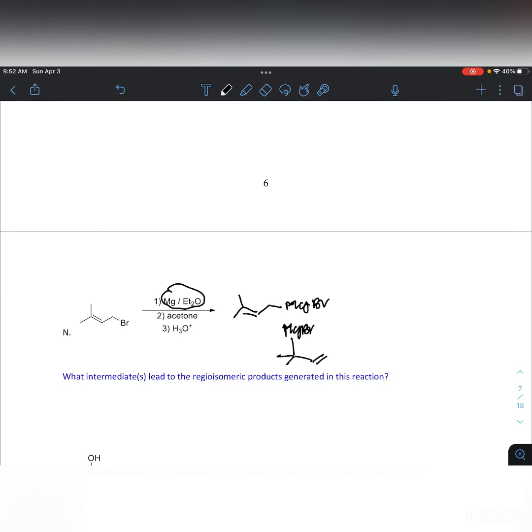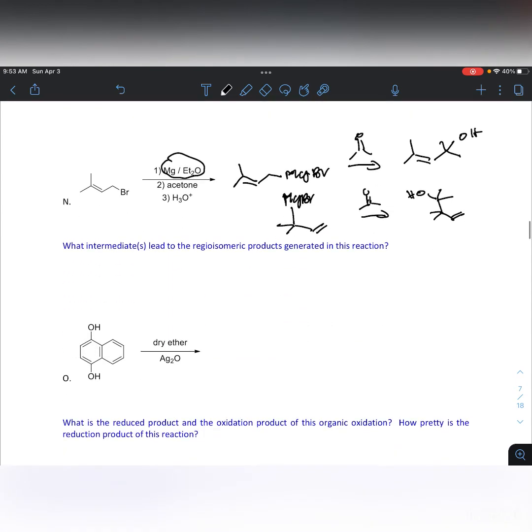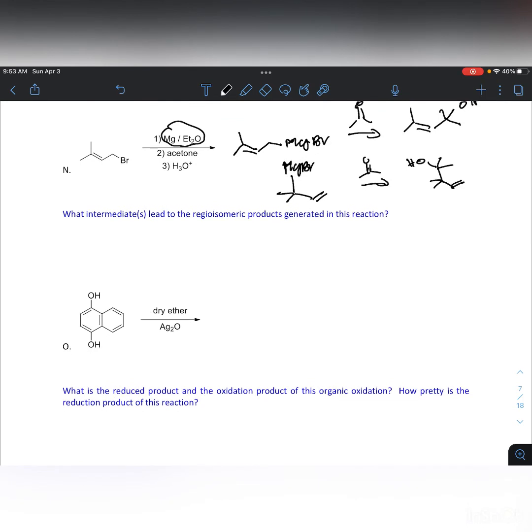From here, if you add acetone to it, this will give you these products. So that's the 2 products from N. So let's go down to O.